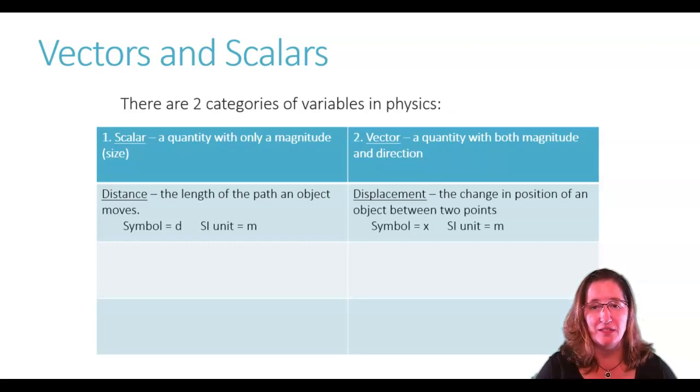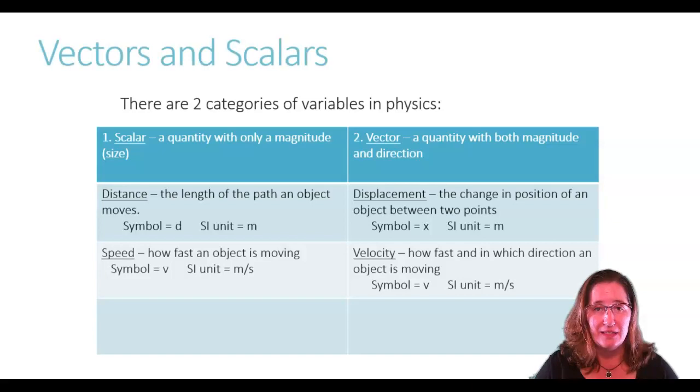But displacement describes how far you are from where you started. So in that same situation, your displacement would actually be 0 because you end up where you start. Or if you had walked 5 meters one way and 4 meters back, then your distance would be 9, but your displacement would be 1. So that's the difference between those two.